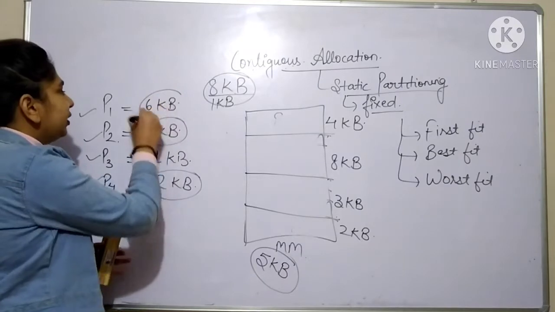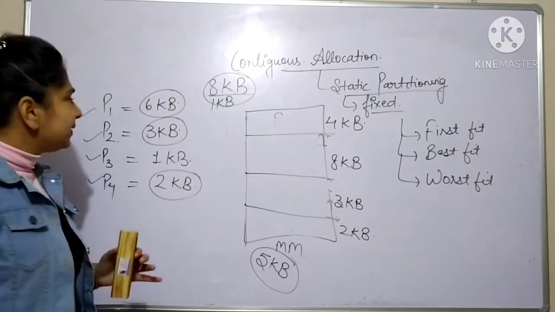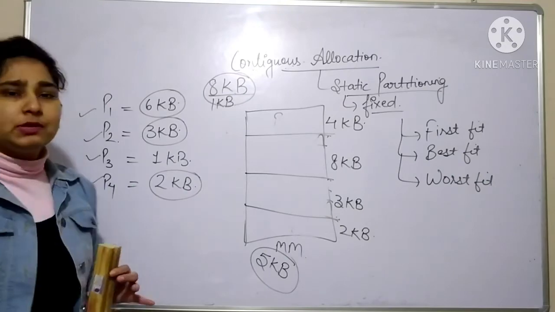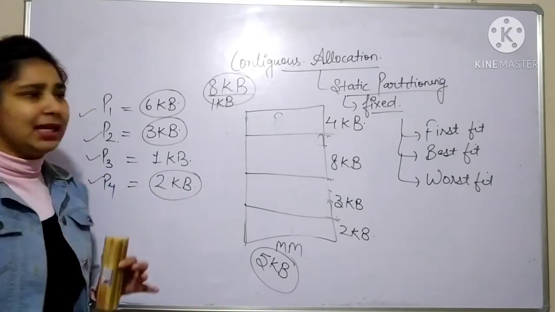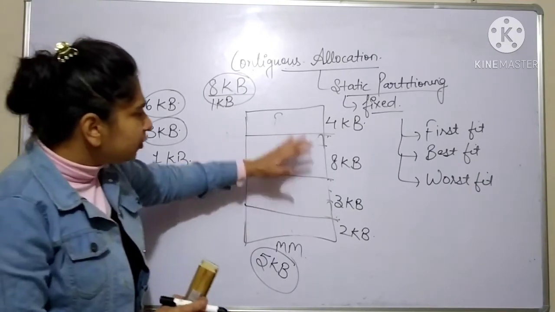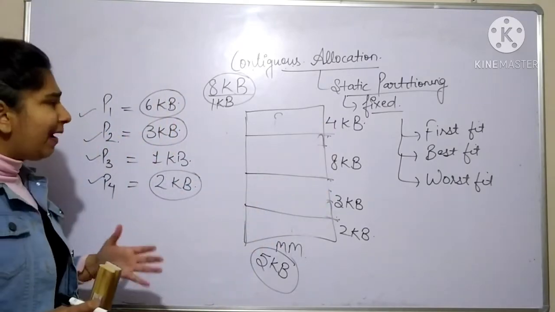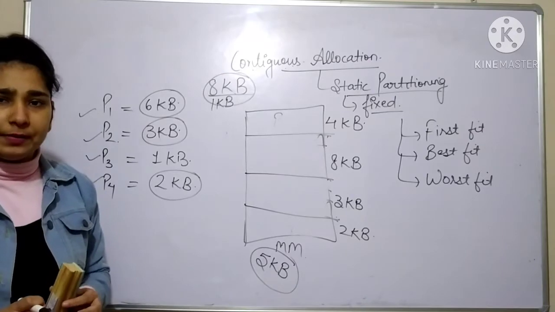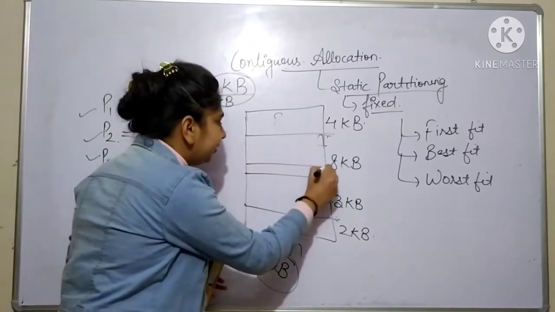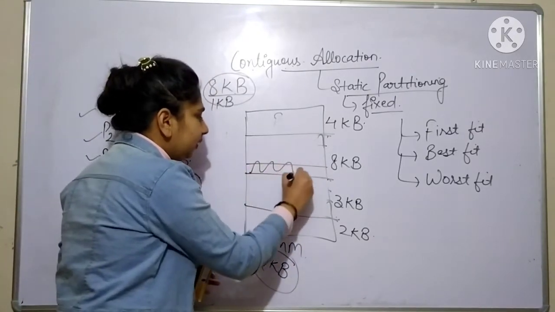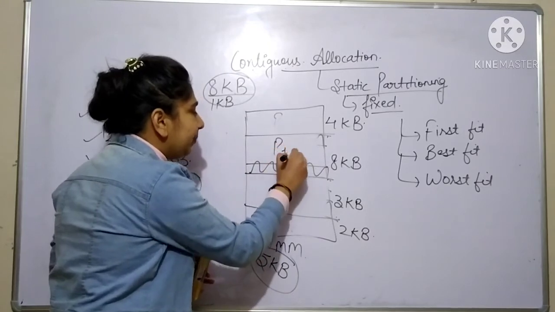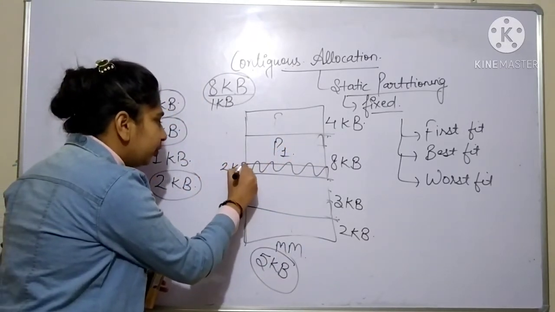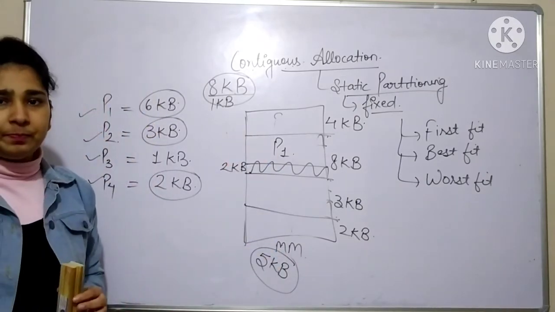If you look at it, your process P1 size is 6 KB. Out of all these, which partition is suitable for your process P1? If you look at this, the 8 KB partition is suitable for your process P1.